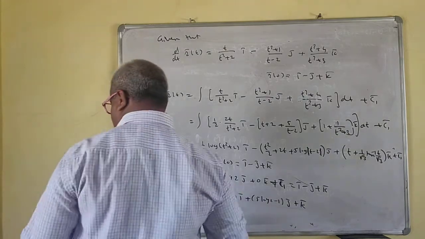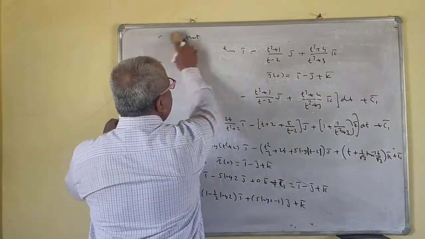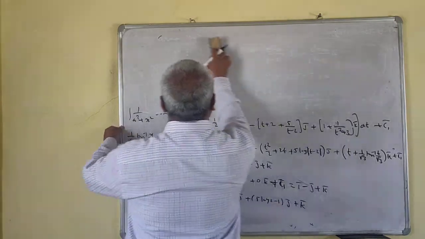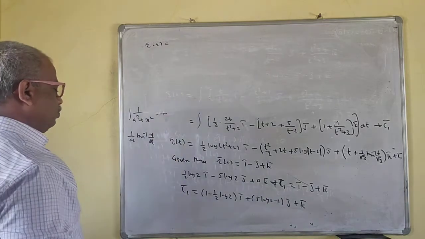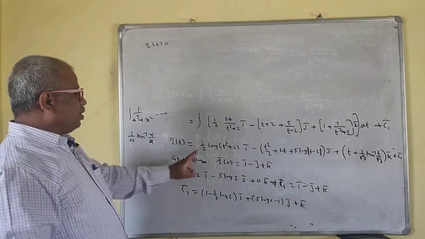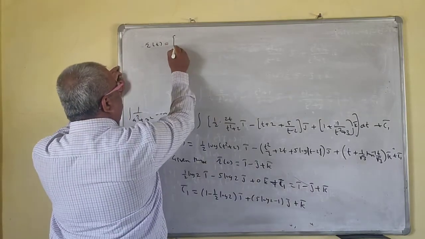So we'll put the value of c1 bar here. Therefore r bar of t is equal to, how can we write this? We will collect all the terms now.